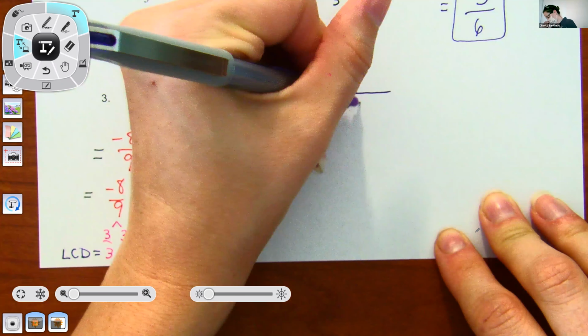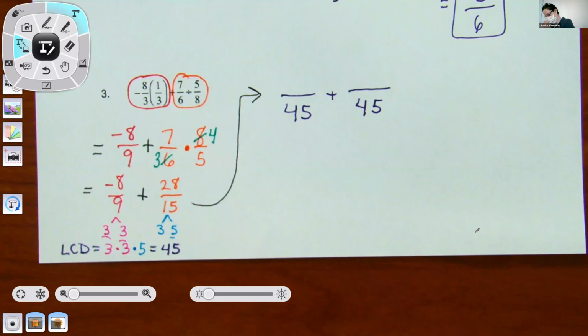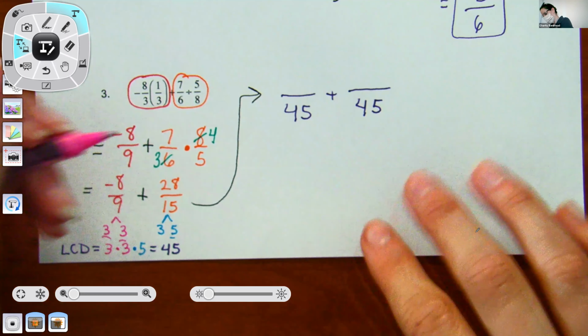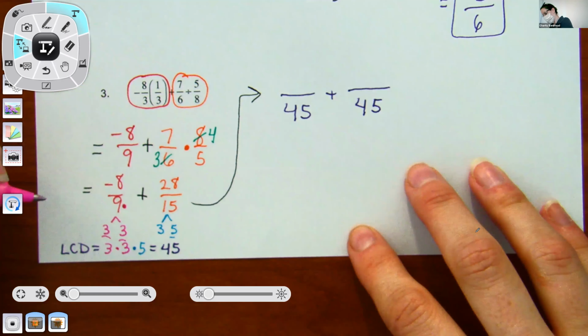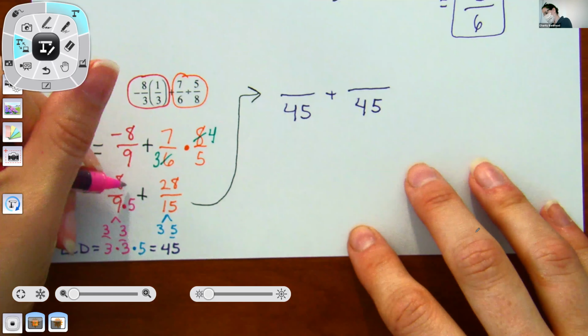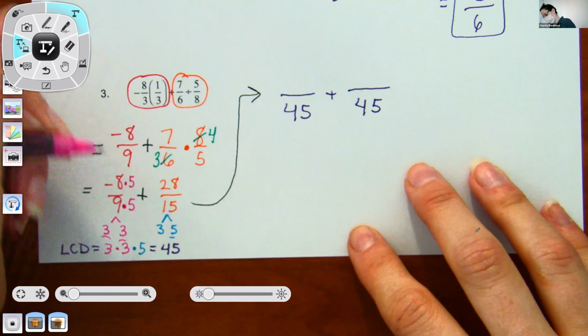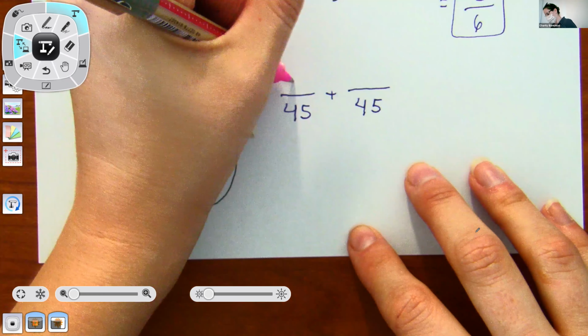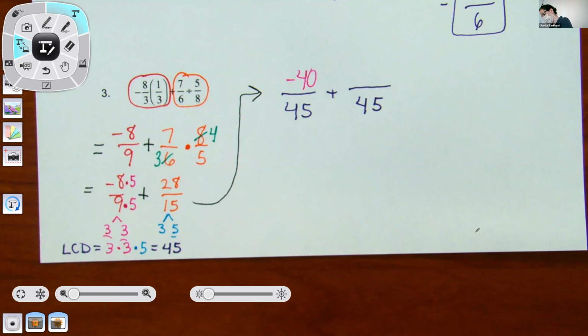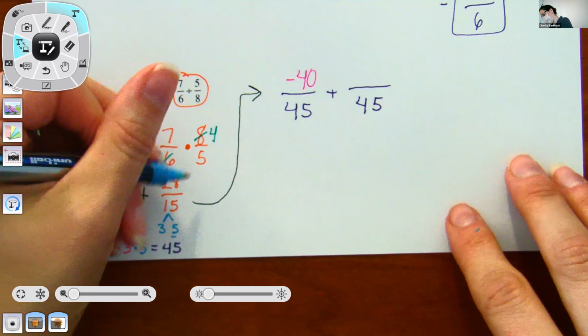So what do I have to multiply with 9 to equal 45? 5. -8 times 5 is -40. And then what do I need to multiply with 15 to equal 45? 3.